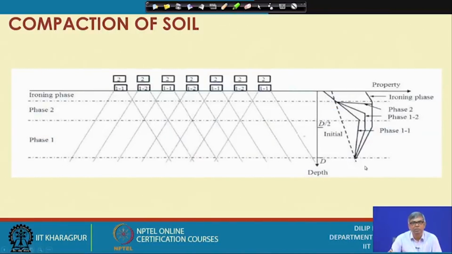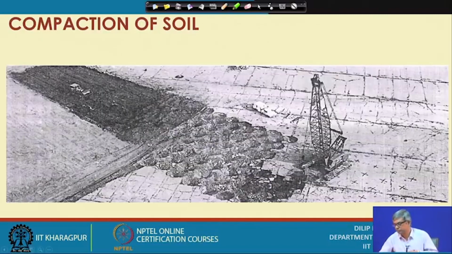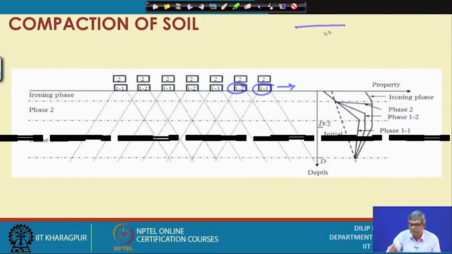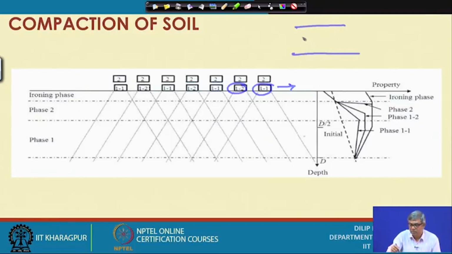And how can we actually compact? This is the arrangement. If I have a geometry like this, I can do here, here, here, here, like this.